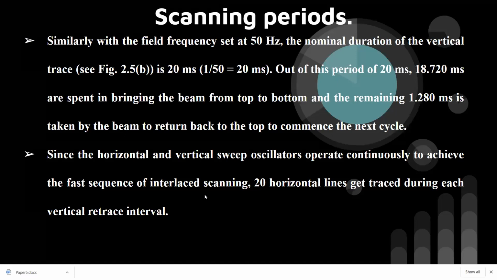Therefore, about 20 horizontal lines get traced during each vertical retrace interval, so they can operate the sequence of this interlaced scan.